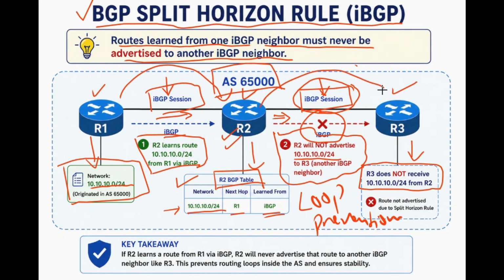R3 may somehow send it back again to R2 and the route can circulate endlessly. Now this could create network instability, excessive routing updates, high CPU utilization, bandwidth wastage and slow convergence. So the split horizon rule prevents these problems.